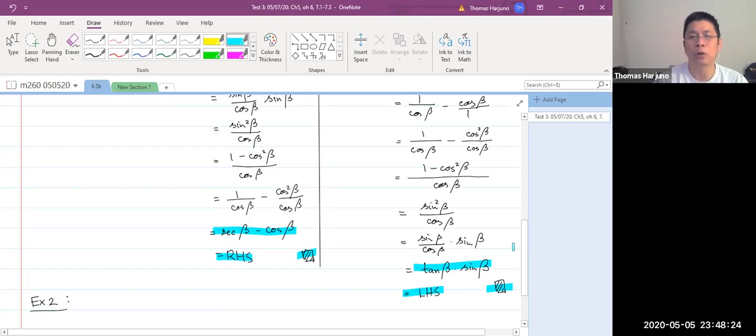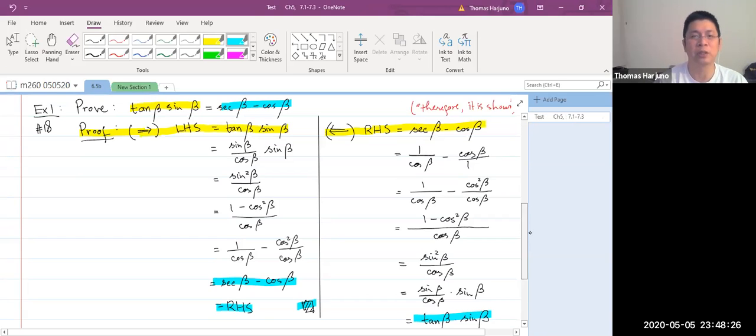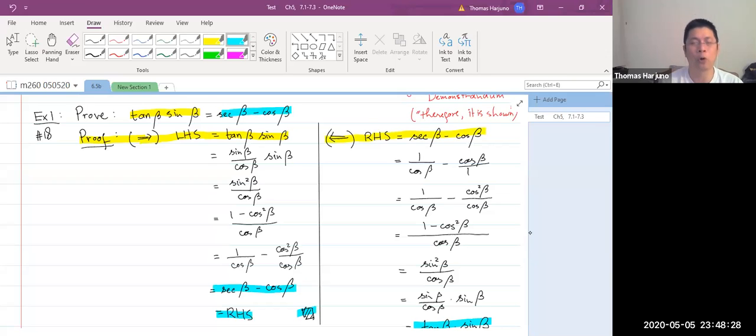So your proof should consist of at least four lines: one yellow line, two blue lines, and one intermediate step, something in the middle.